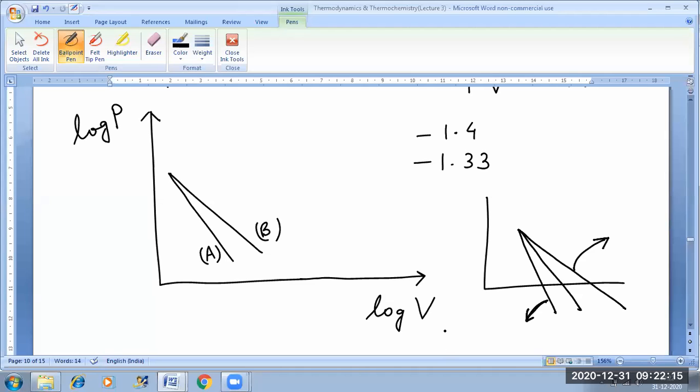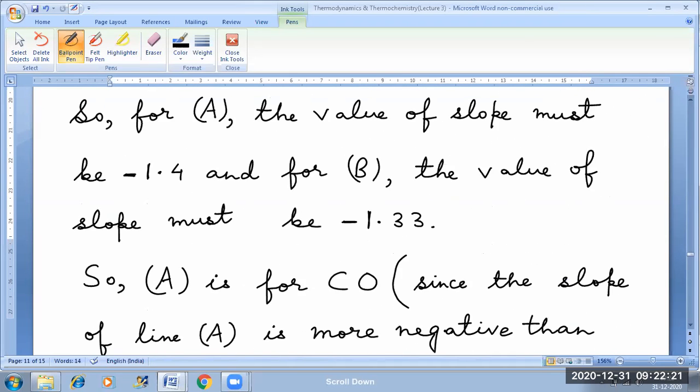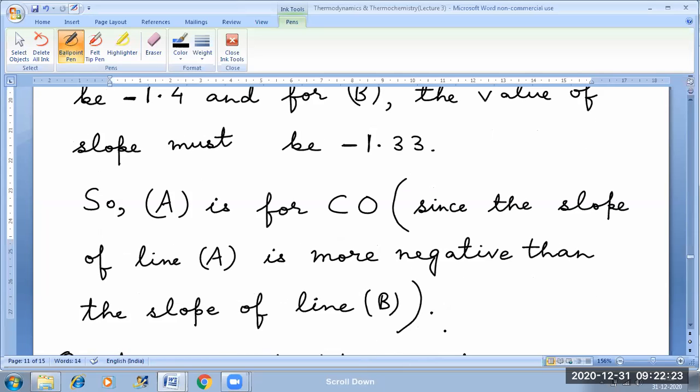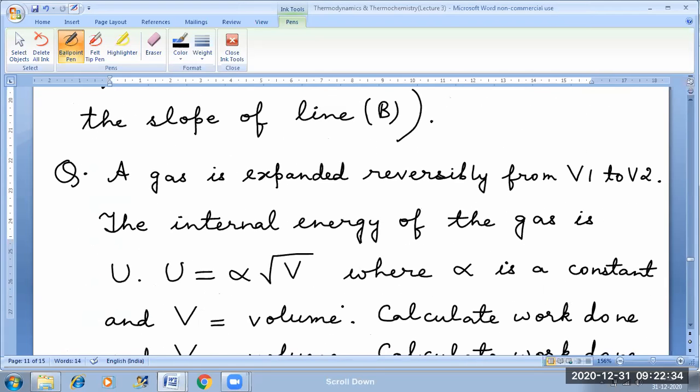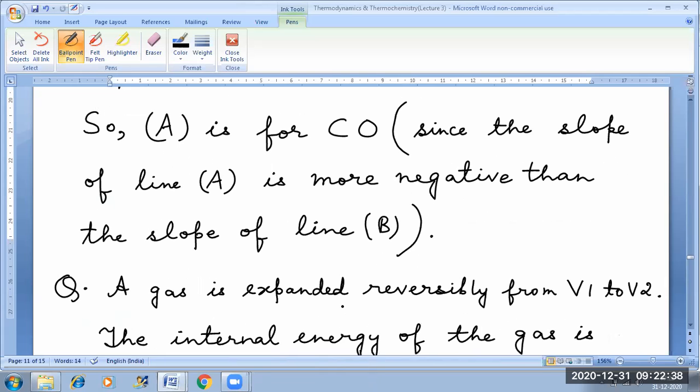So A must correspond to carbon monoxide. The slope of line A is more negative than the slope of line B. So A must be for carbon monoxide. Okay. Next question.